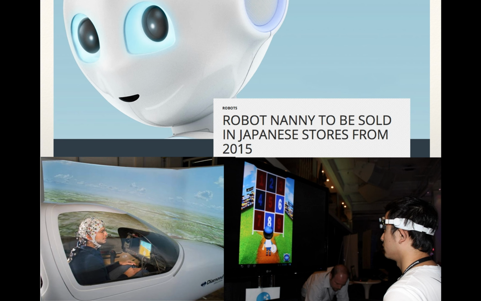And I'm sure you've also heard of a lot of this amazing technology, for example, the robot nanny that was created in Japan, and it's actually hitting the market. Or you've heard about German researchers looking at airplanes that could be controlled through brain waves, and of course, neurogaming, which is really hitting the market and having a lot of followers.